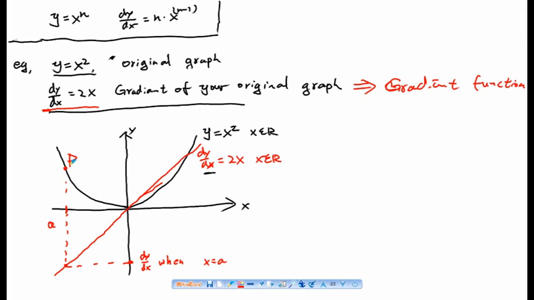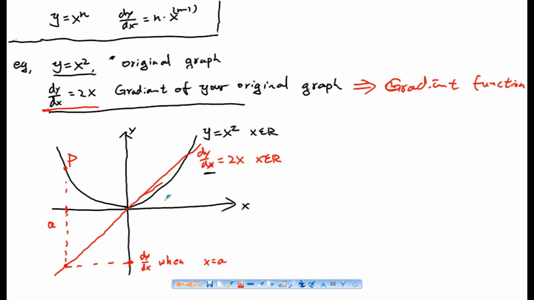From here, the gradient at point B is a negative number, and dy dx must be negative because it's in the negative area of the y-axis.